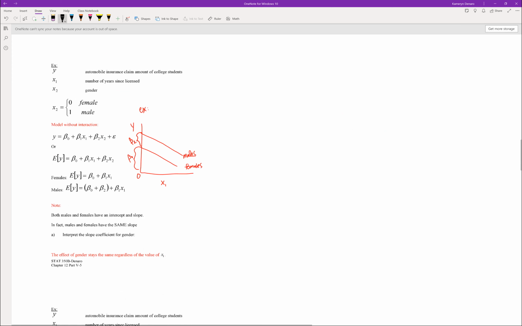Let's talk about a few different situations. In X2, if we thought about a model with no interaction terms, then that would be saying that we have parallel lines.